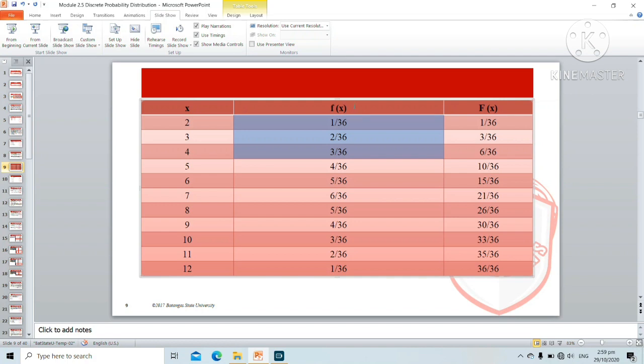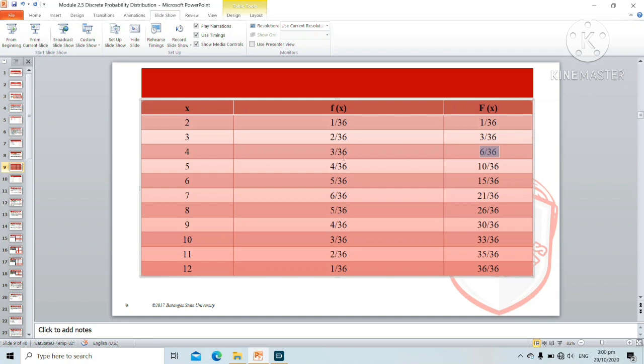So, check natin sa cumulative. Sa cumulative value, ito yung 6 over 36. Ibig sabihin kapag hinahanap natin yung probability ng less than or equal to n, ang value lang niya ay yung kanyang cumulative value. Kasi class, yung mga table natin sa probability distribution ay lahat ay naka-cumulative value.